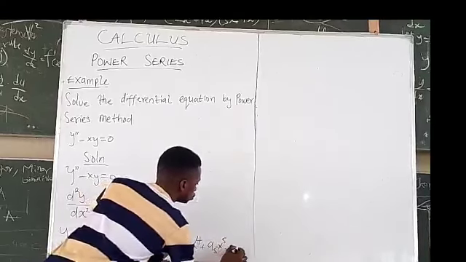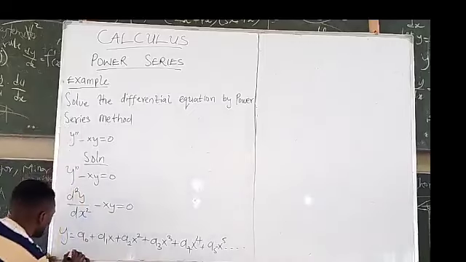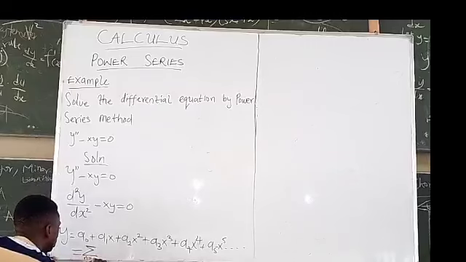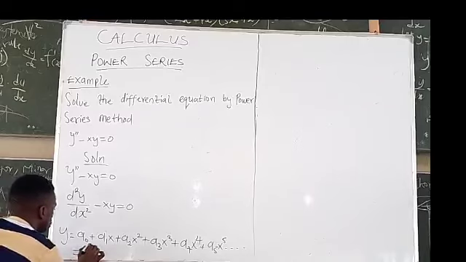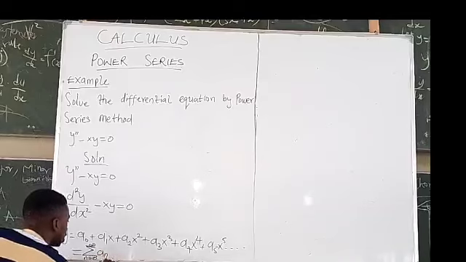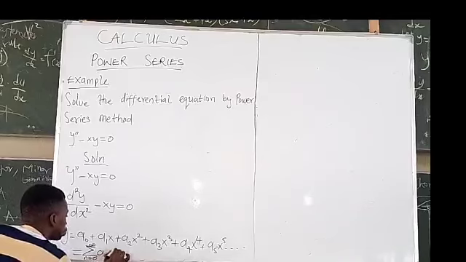So it continues to infinity, which results in the summation, n approaches 0 to infinity, of a_n x^n.